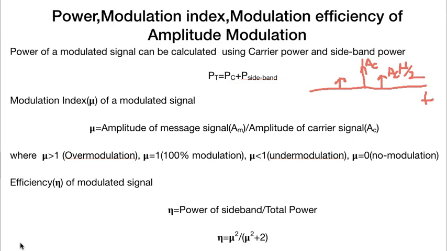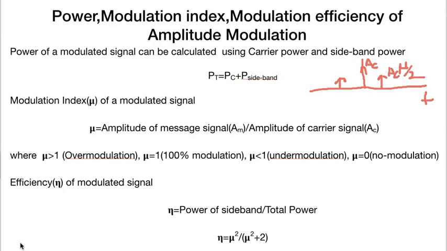For 100% modulation, mu should be 1, and for undermodulation, mu is less than 1. If mu is equal to 0, then no modulation has occurred. That is, no superimposition of the message signal on the carrier signal has taken place.